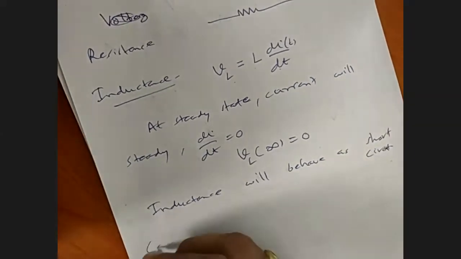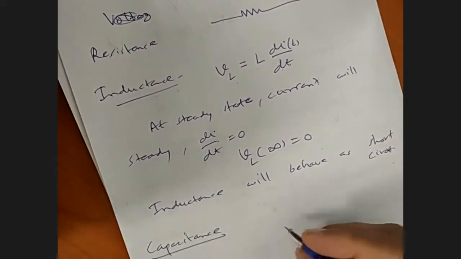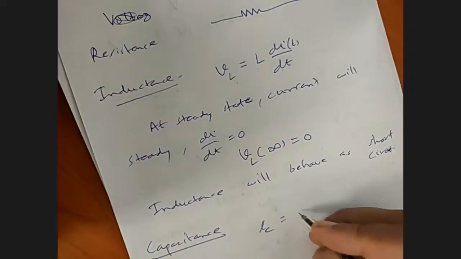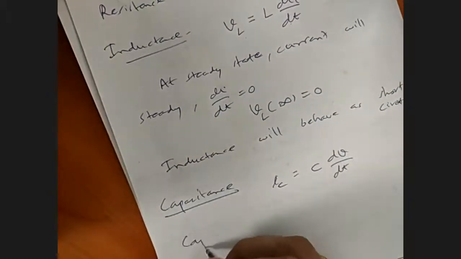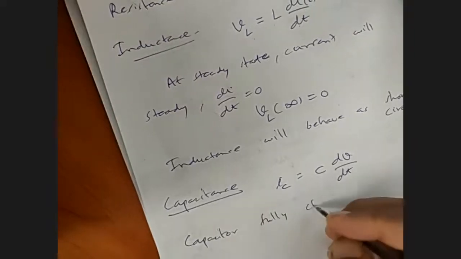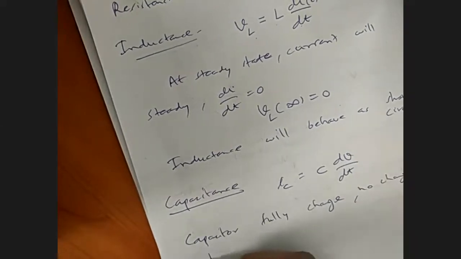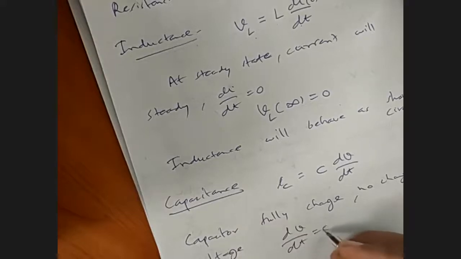And similarly capacitance, capacitance current IC will be C dV by dt. And when capacitor is fully charged, no change of voltage, that means dV by dt equal to 0.